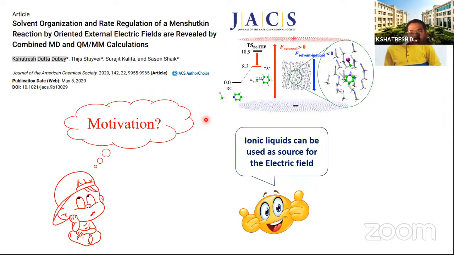So this was the motivation behind this paper, and it was published in JACS just 3 to 4 months back, around May 5. In the next few slides, I am going to discuss the details of this work. For this project, I opted for the Menshutkin reaction.